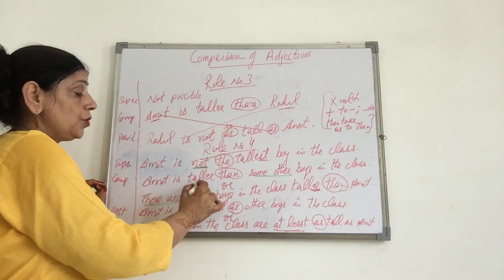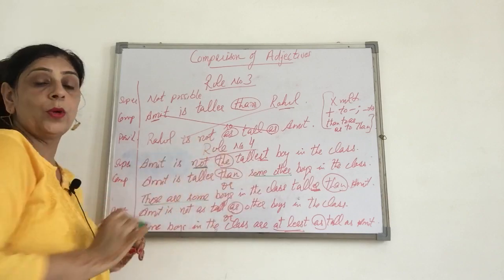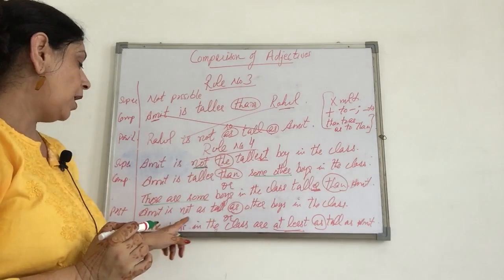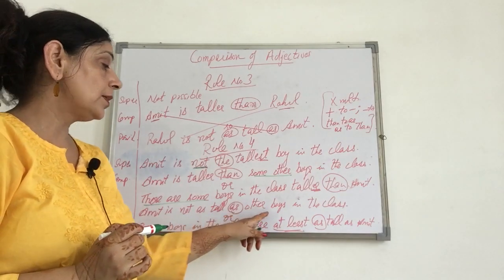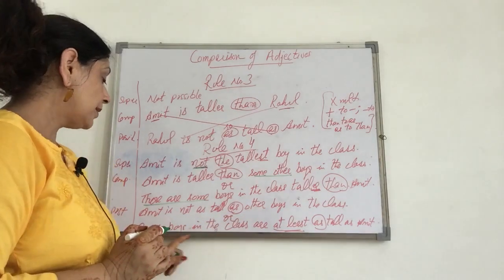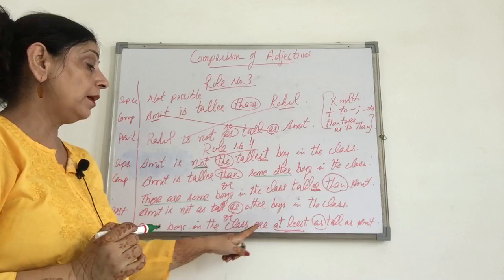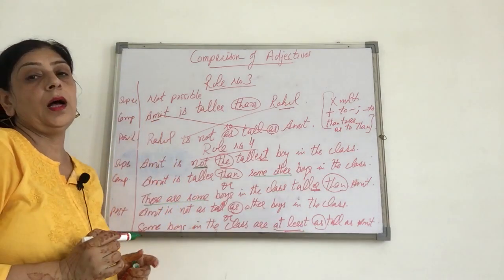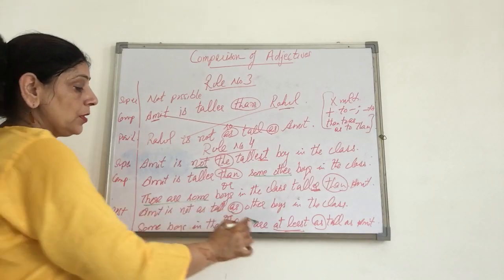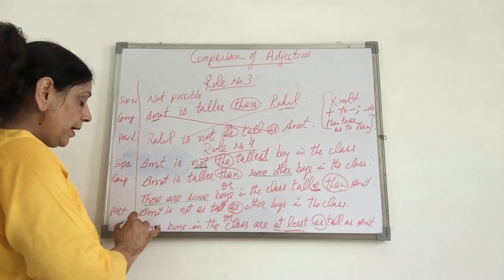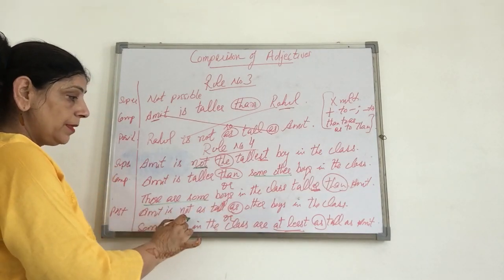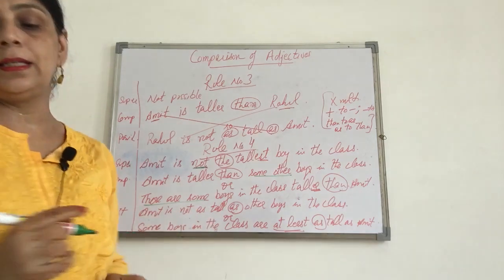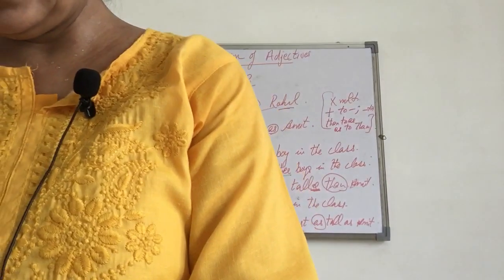Then it will be: Amit is taller than some other boys in the class. And for the positive sentence: Amit is not as tall as other boys in the class. Some boys in the class are at least as tall as Amit. We use the word at least. Or maybe I ask you to begin with Amit only, then it will be the same: Amit is not as tall as other boys in the class.